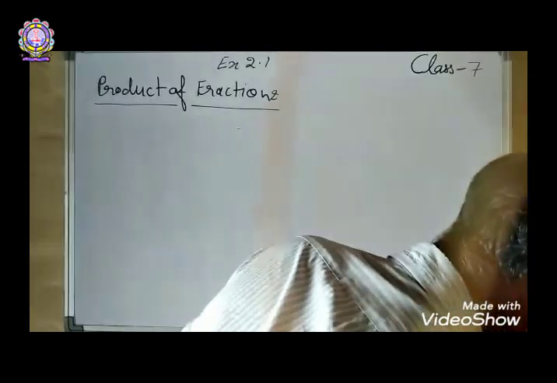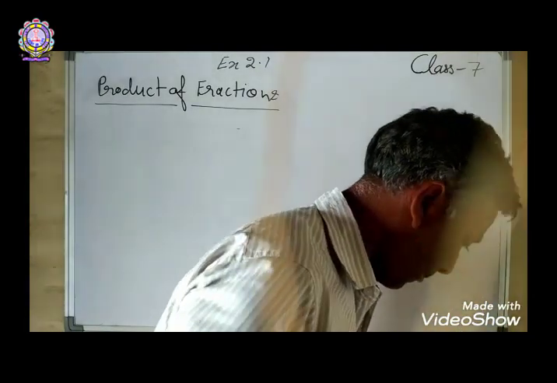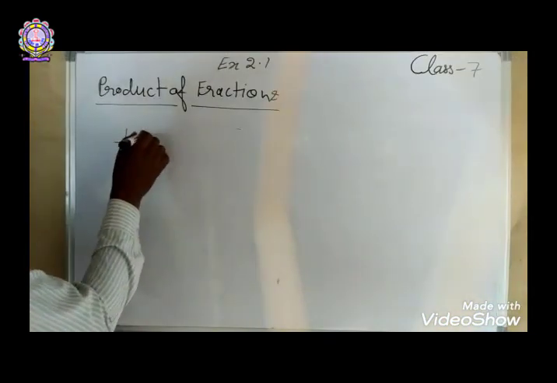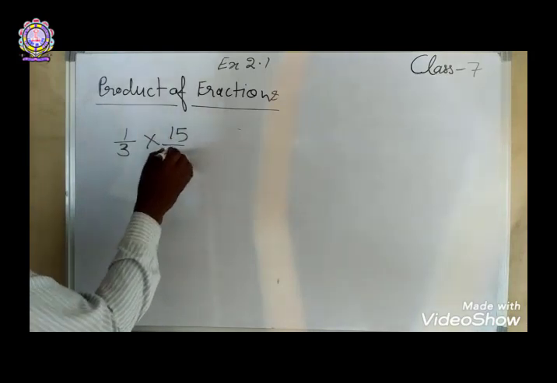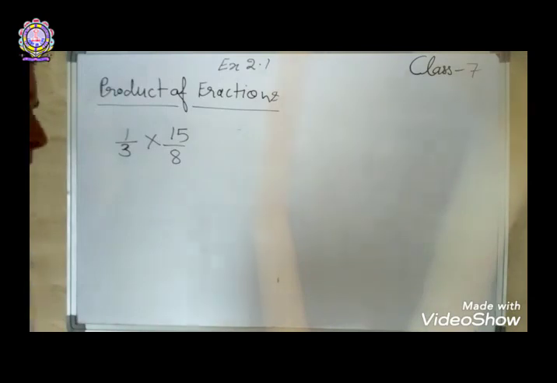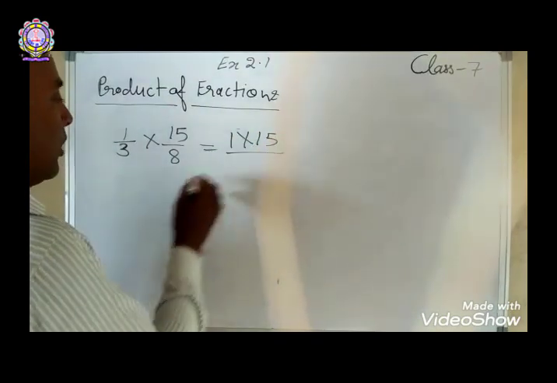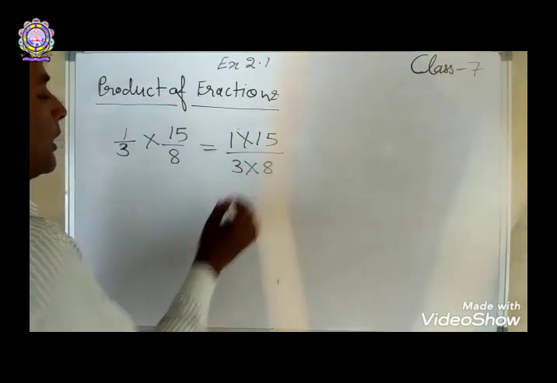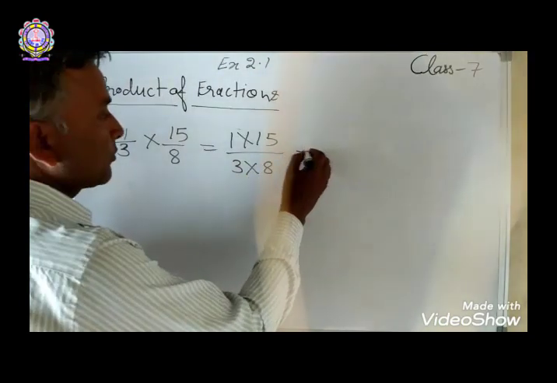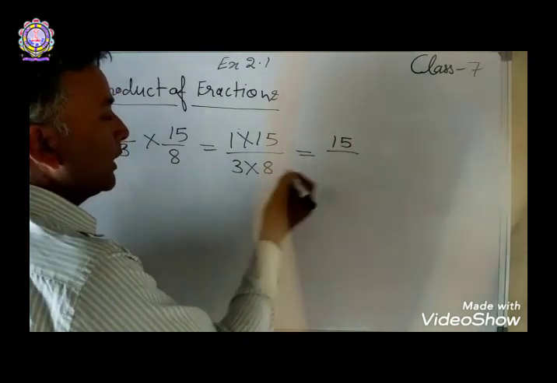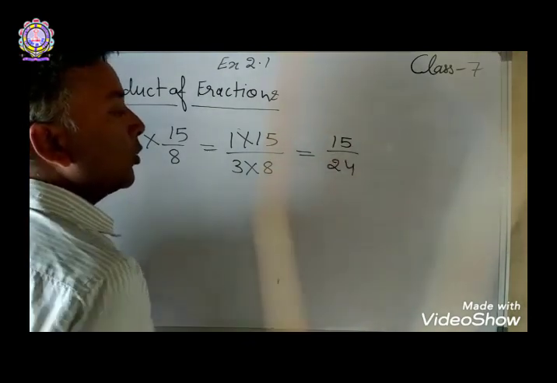First, suppose the given question is 1 upon 3 into 15 upon 8. Multiply it and simplify it. So first we have to multiply 1 into 15 upon 3 into 8. So you get 15 ones are 15 upon 3 8s are 24.